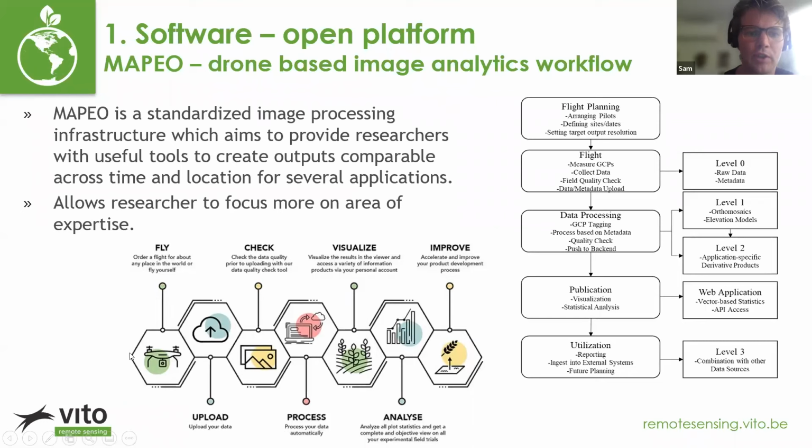We try to assist in the ordering of flights and the planning steps, all the way through to the upload of data, the processing, visualization through our web platform, and then the export into your own workflows, where you might combine it with your own data, either about your different varieties or with other data sources.